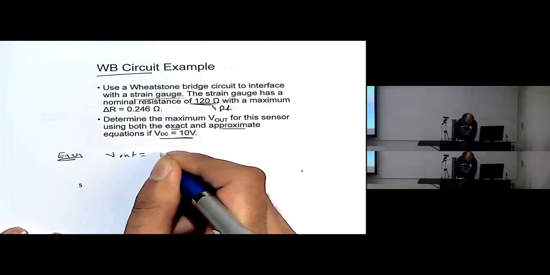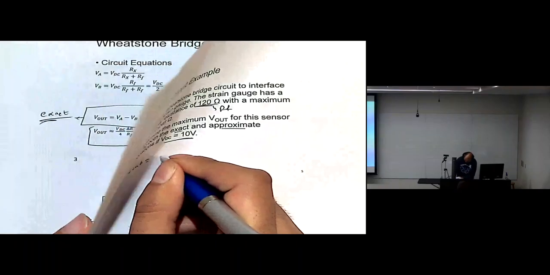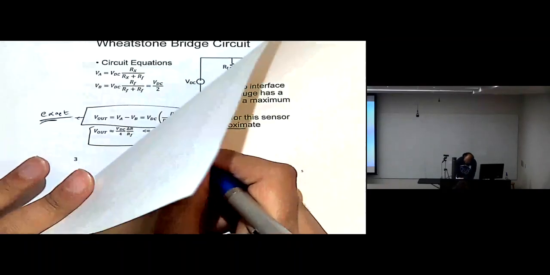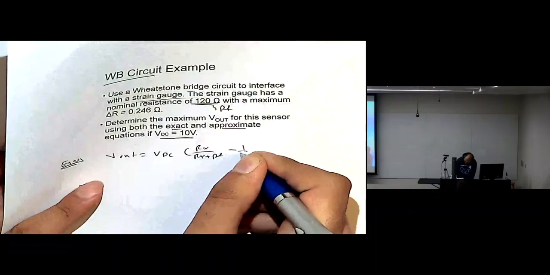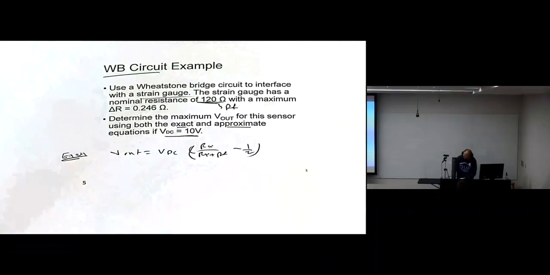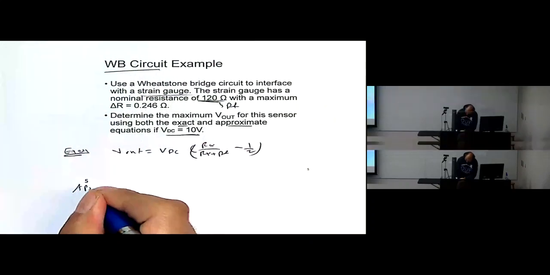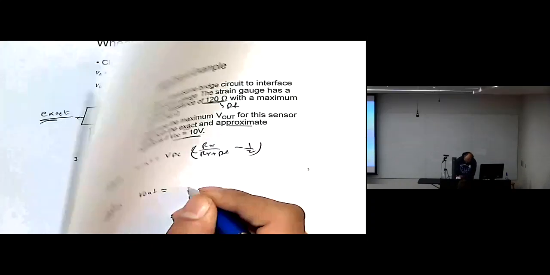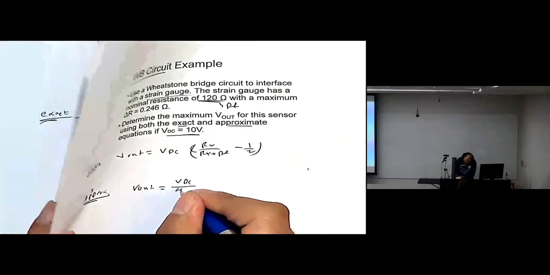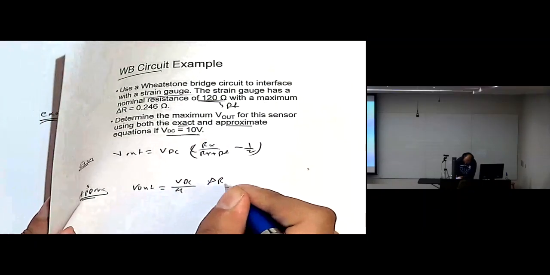V out equals VDC times RX over RX plus RF minus 1 half. And for the approximate, V out equals VDC over 4 times delta R over RF.